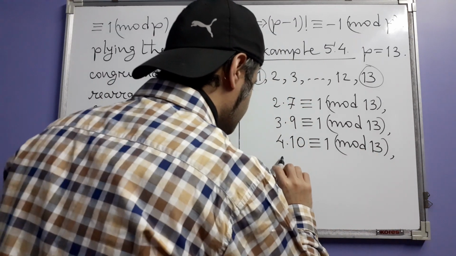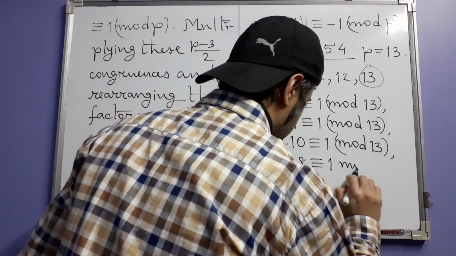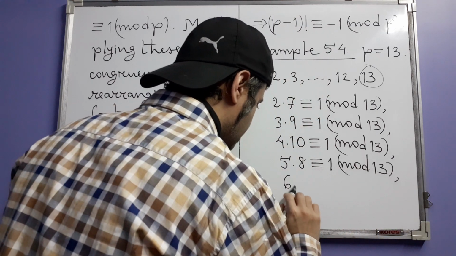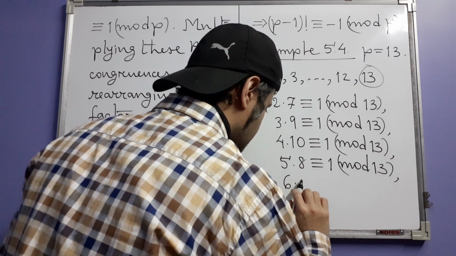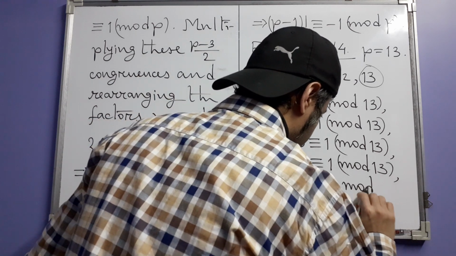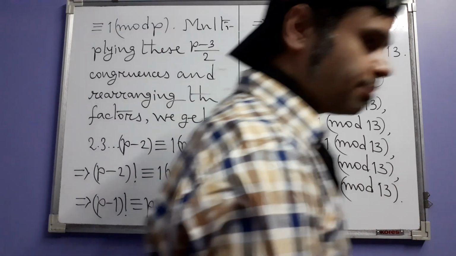Then 5 times 8 is congruent to 1 mod 13. And finally 6 times 11 is congruent to 1 mod 13.